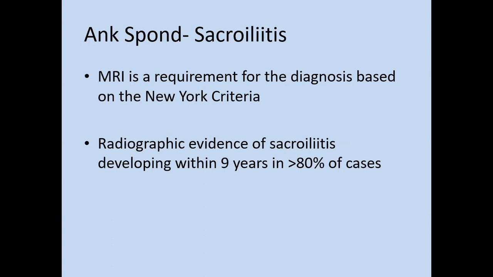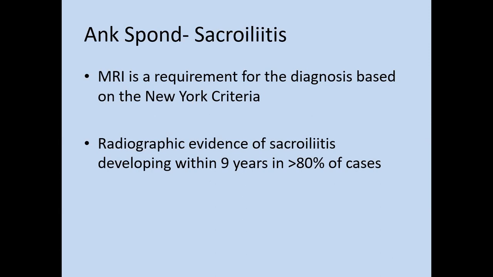Sacroiliitis is the major component of ankylosing spondylitis, and most of the time we see it radiographically. MRI can be ordered, and sometimes I suggest it when I look at the radiographs and see changes that would be very concerning for sacroiliitis.